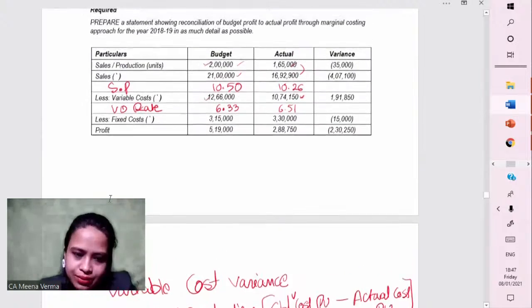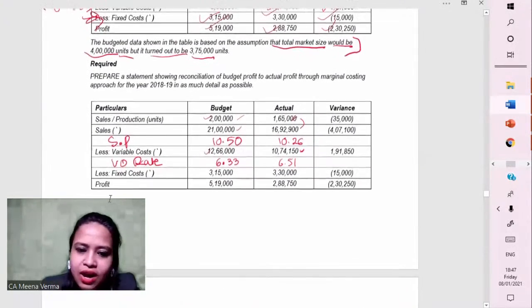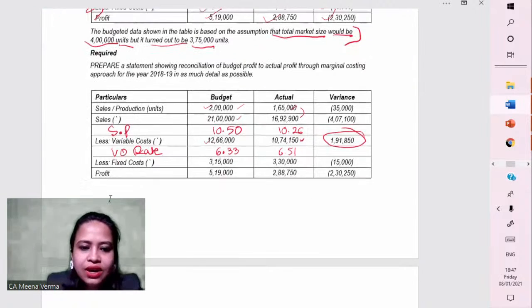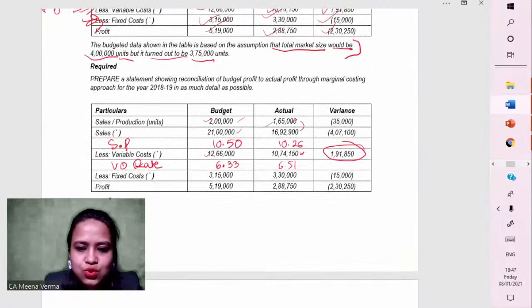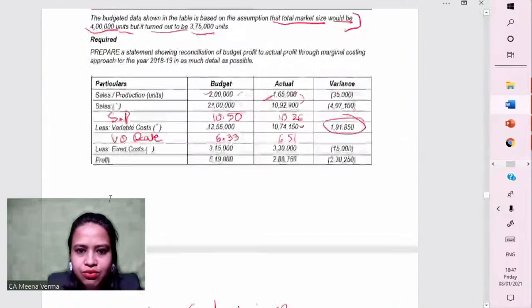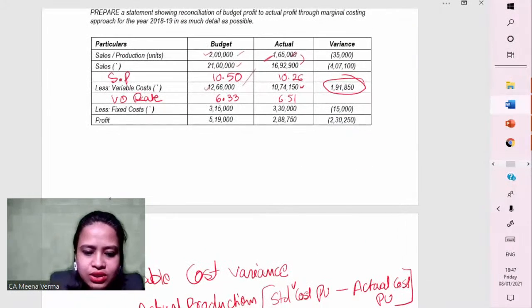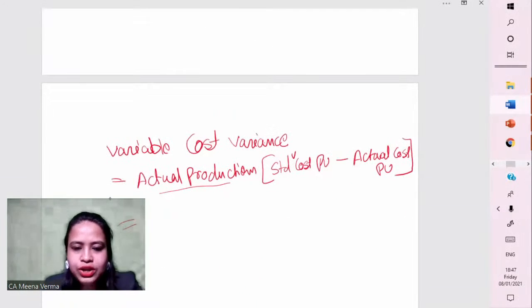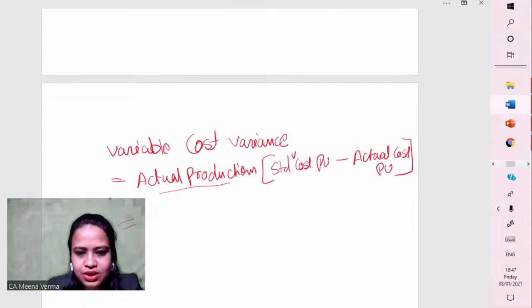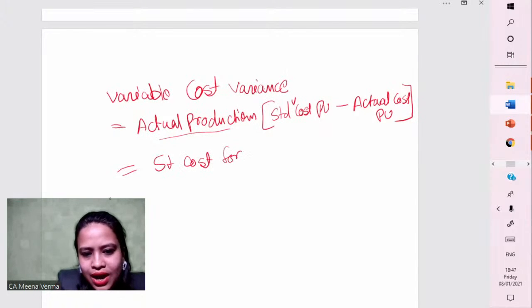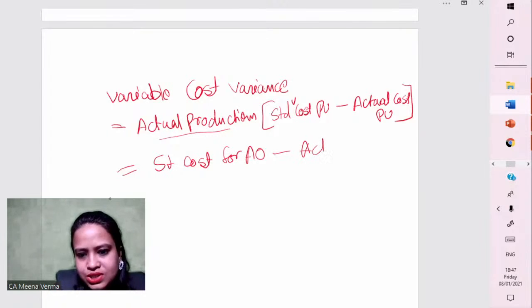Okay. One thing you may ask here, ma'am, can't we do it like this? This value is not the variance. See, we will consider here the variable cost for the actual output, the actual production. ठीक है? If you want to consider this variable cost variance, you have to consider the standard cost for actual output minus actual cost, है ना?